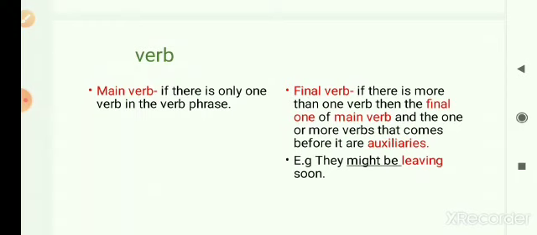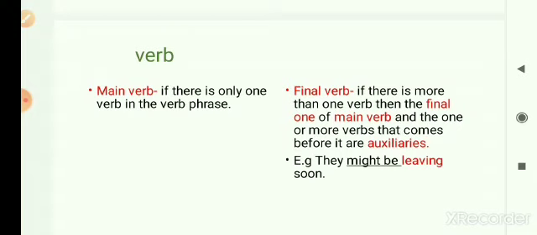On the other hand, if in a sentence there are multiple verbs, then the last verb is the main verb, whereas the one or more verbs that come before it are auxiliary. In other words, I can say it is a helping verb. Look at the example: They might be leaving soon. Here, leaving is the main verb and might be is the auxiliary.